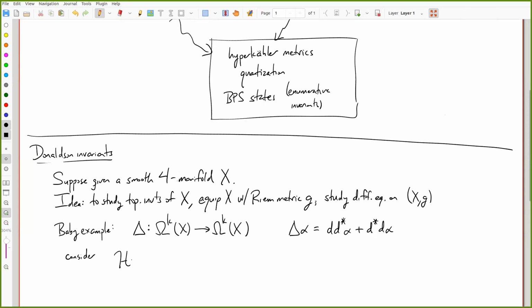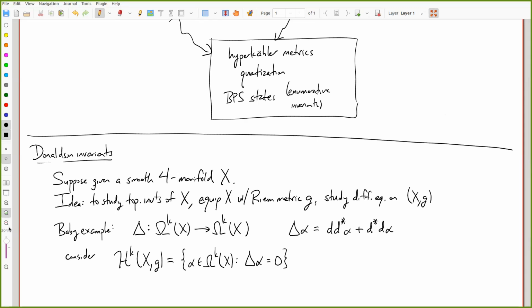So I'll write H^k. It's a vector space, and it's just the kernel. It's all the k-forms on X such that the Laplacian of the form is 0.